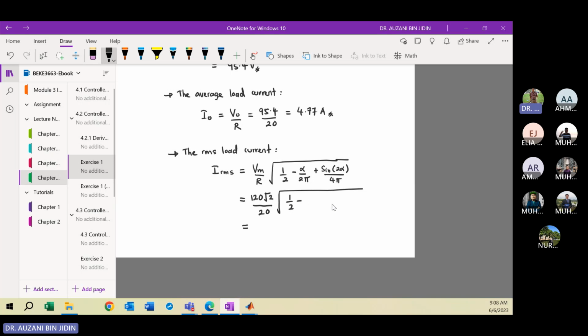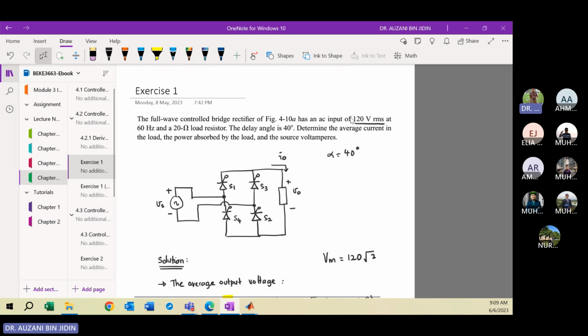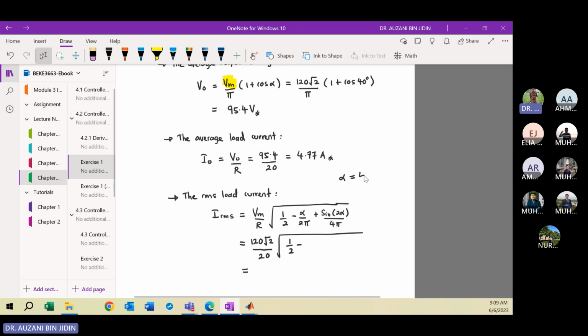So this one you need to be careful because you have alpha here. Is your alpha calculation in radian or degrees? Based on the question given, alpha is 40 degrees.